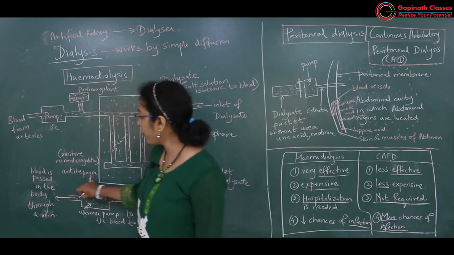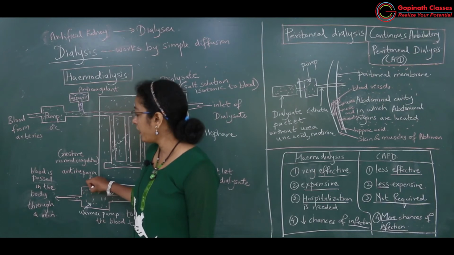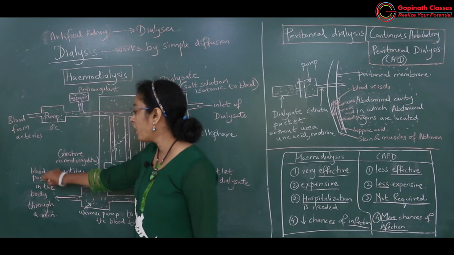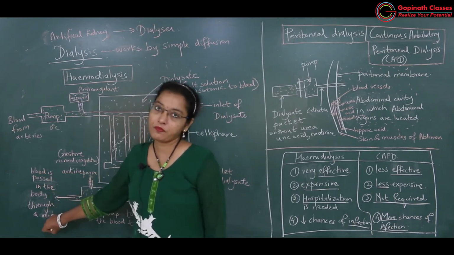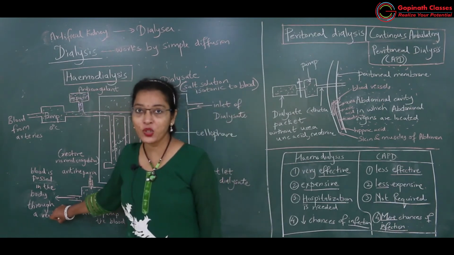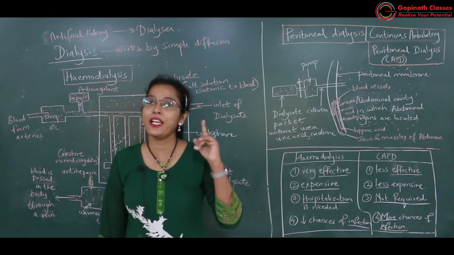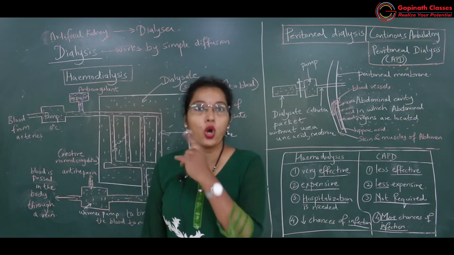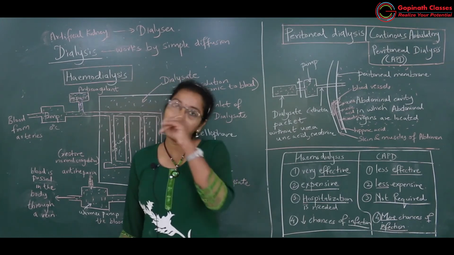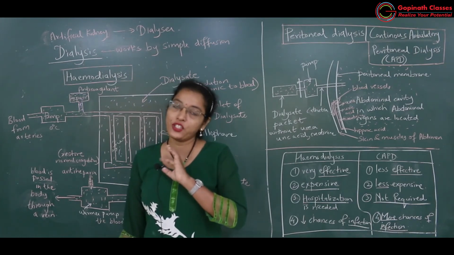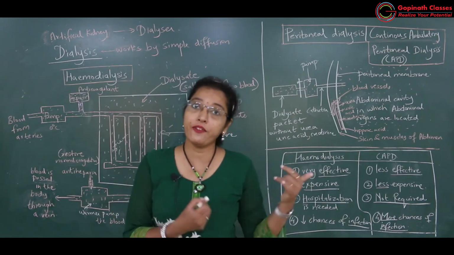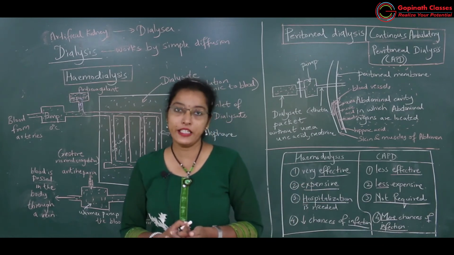Okay, and whatever blood is collected in the warmer pump will then enter the vein of the patient. Okay, got it? Vein में डाला जाता है. Vein में क्यों? Because through the vein it will enter the inferior vena cava, and from the inferior vena cava it will go towards the heart, and then the heart will pump it towards the lungs for purification, and from the lungs it will enter the heart, and from the heart it will go towards the kidney.